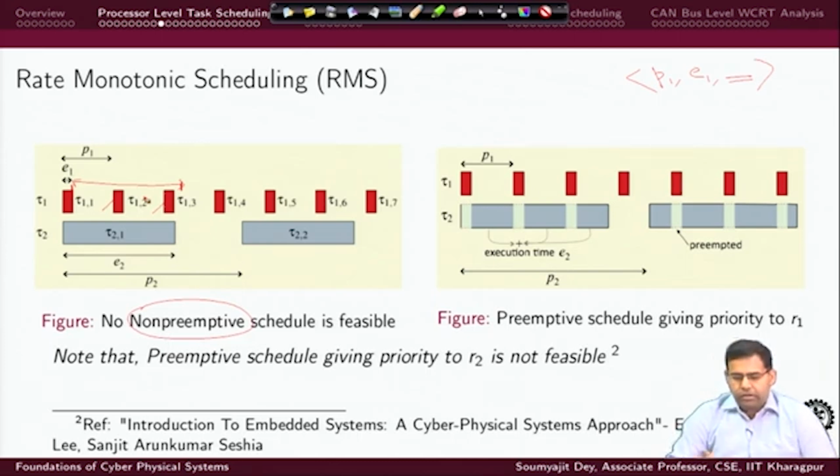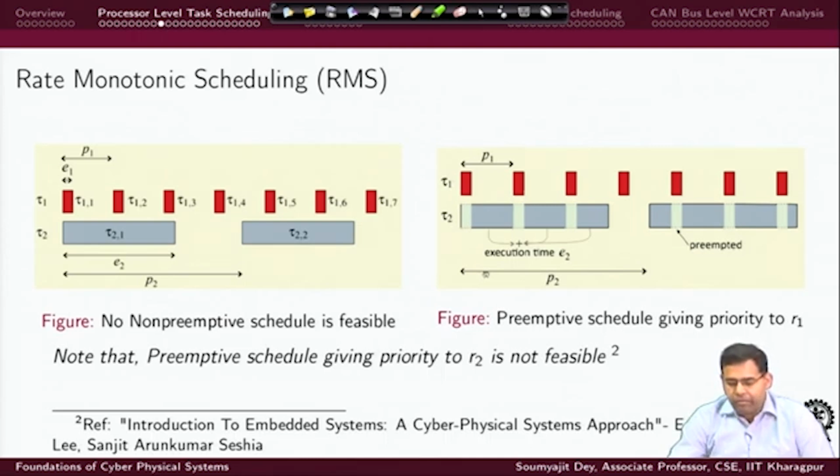Now, let us look at the option of using preemption. With preemption, this is pretty much solvable. If I give more priority to tau 1, I have a feasible schedule, because all the task instances will execute before their deadline. When I start, I execute tau 1, giving more priority to the more frequent tasks. Basically, I am following rate monotonic.